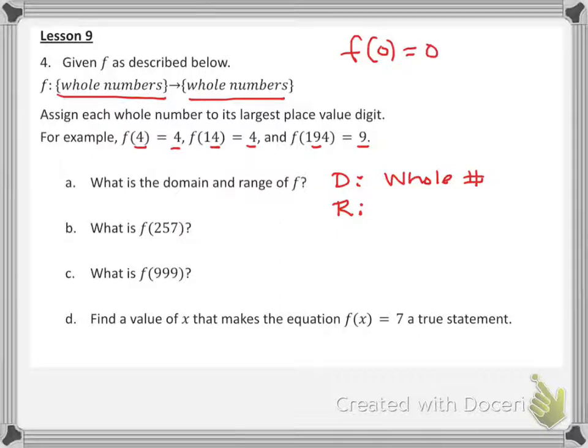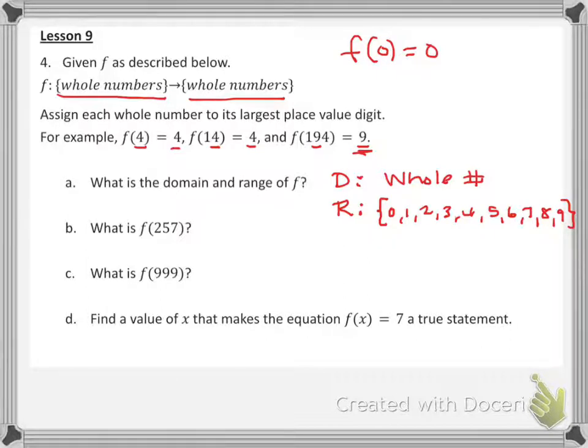So it could be as small as 0, and it could be as large as a 9, like we saw here. So the range is 0, 1, 2, 3, 4, 5, 6, 7, 8, 9, and close that set. So the range is all of those integers from 0 to 9.